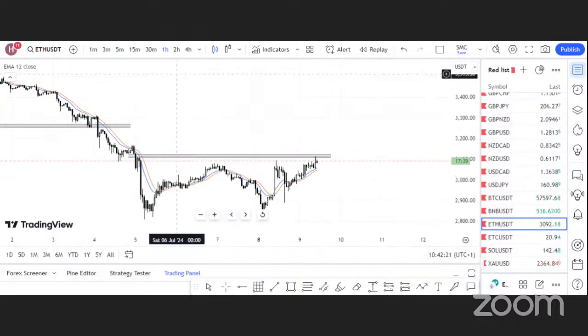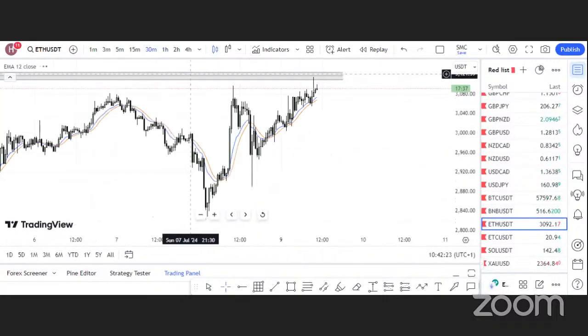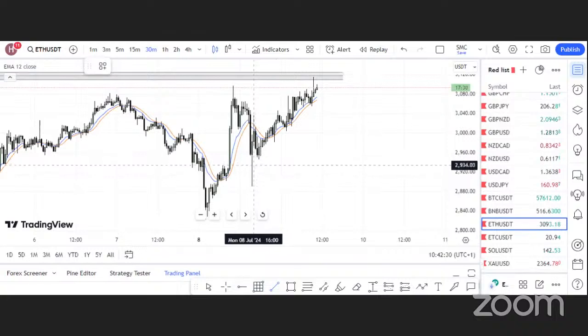All right, so let's drop down to the lower time frame. I see a movement here, and the market is currently on my point of interest.